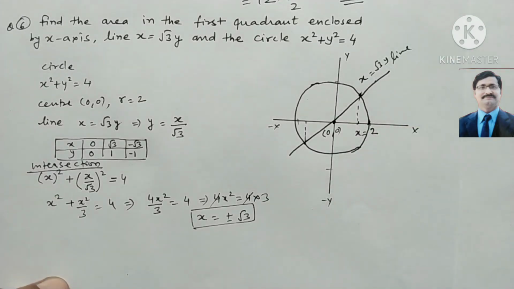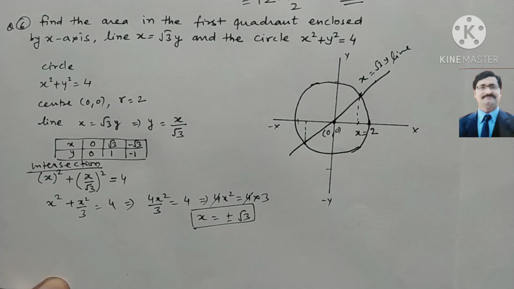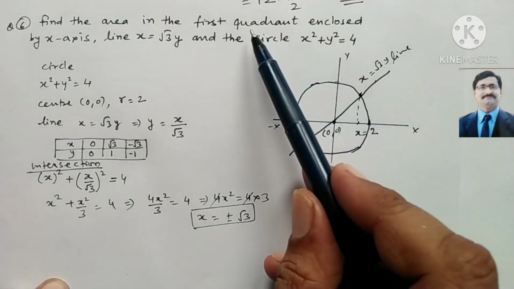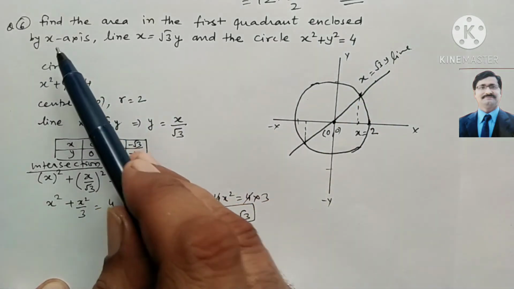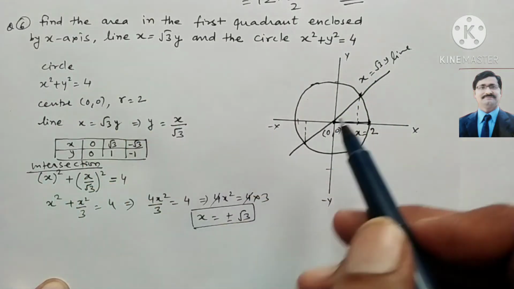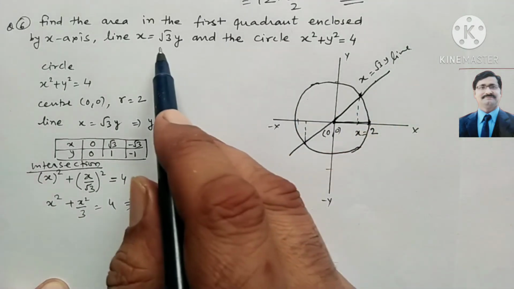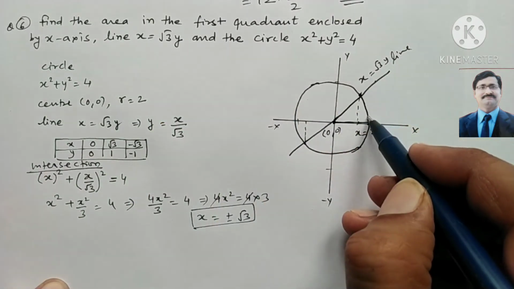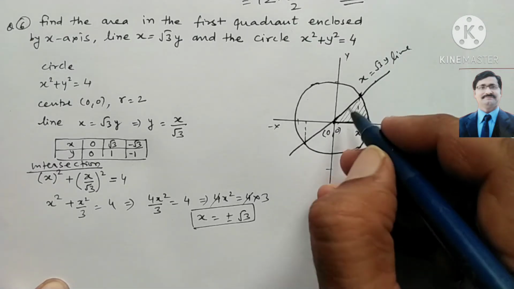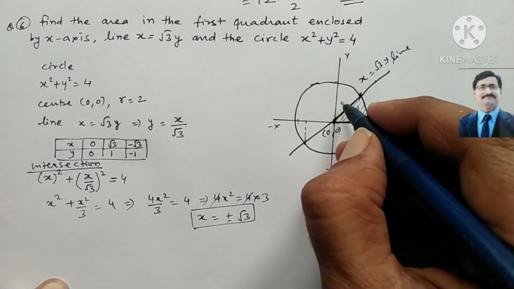Okay, and we have to find the area. What we have to find is the area in the first quadrant enclosed by the x-axis, meaning we have to include the x-axis, and the line, meaning this line we have to include, and the circle we have to include, meaning we have to find the area of this portion. Okay, but here this top is y.